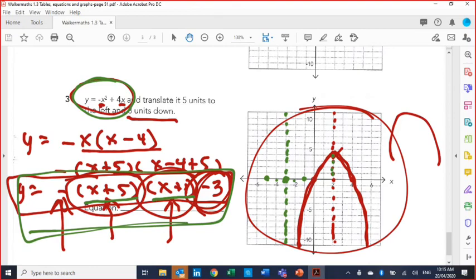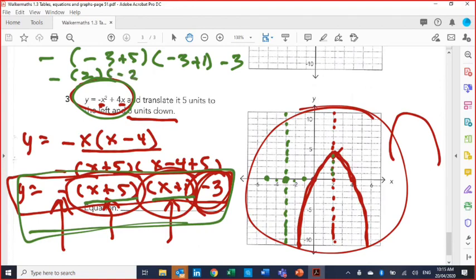So it's negative, and again, it's a negative, what is that? That's -3 again. So -3 plus 5, -3 plus 1, minus 3, gives us -2 times, it's minus a positive 2 times -2 minus 3. 2 times -2 is -4, plus that is 4, minus 3 gives us 1.